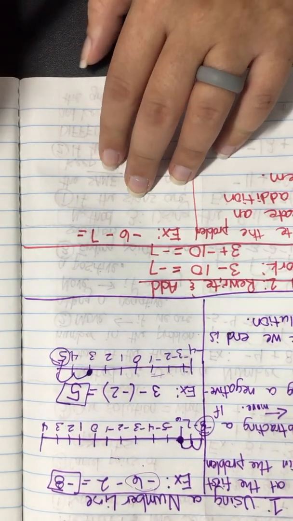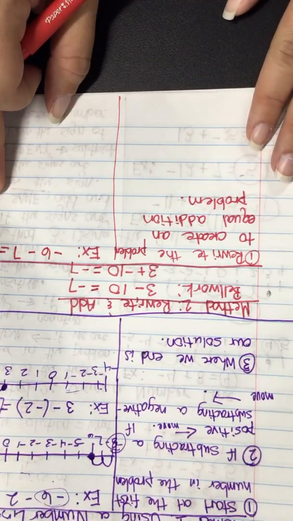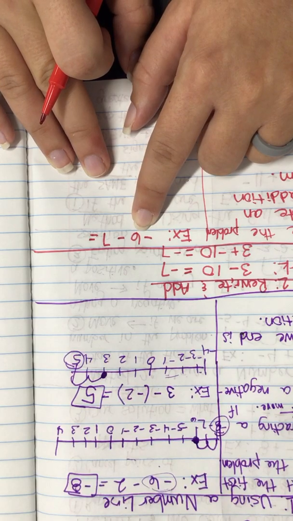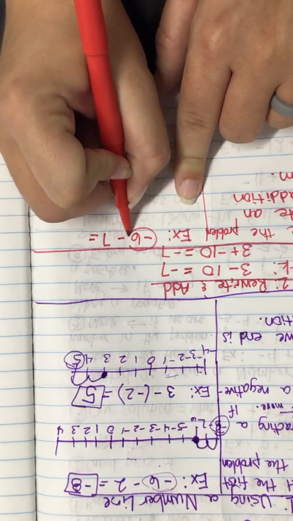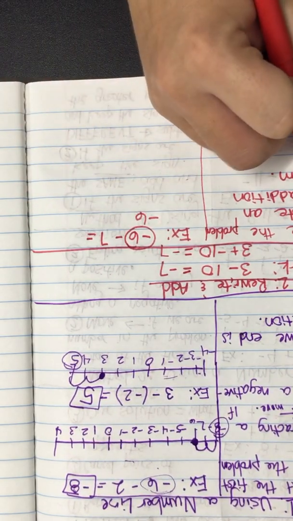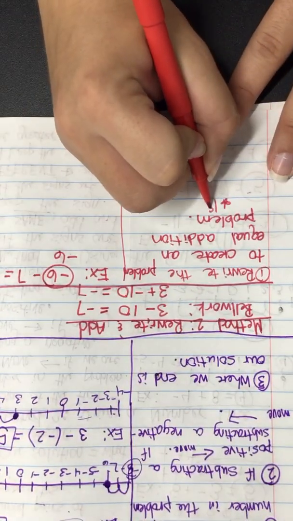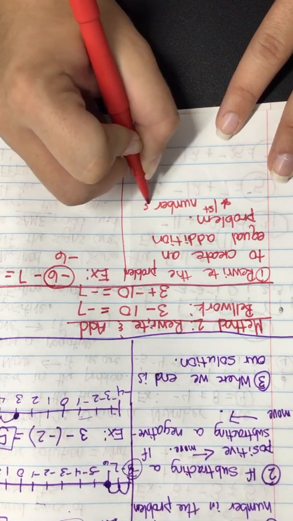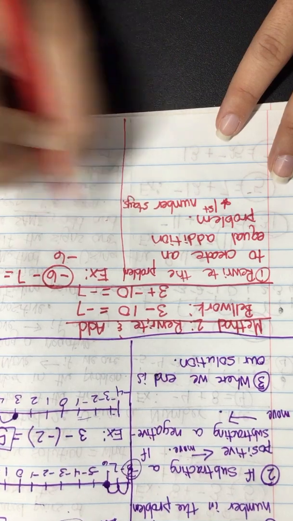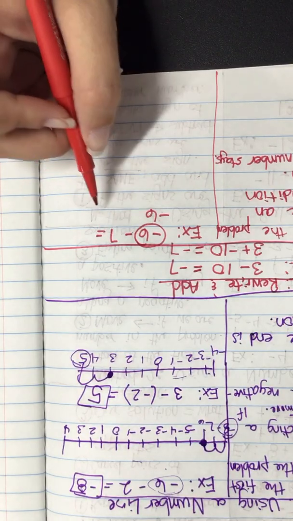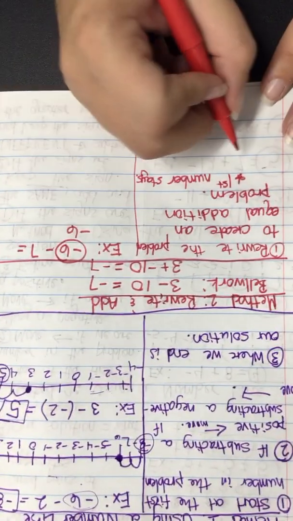Okay, so here's what we do when we are rewriting the problem. We're going to keep our negative 6 the same. So this stays. Okay, so first number stays. I'm going to write that over here so I don't forget. We don't change anything about it. Okay, so we just rewrite it. Then we're going to change our subtraction sign to addition.